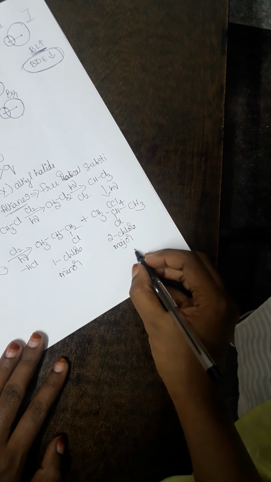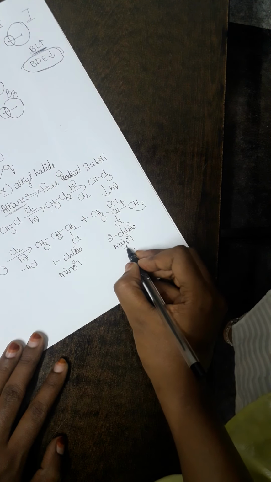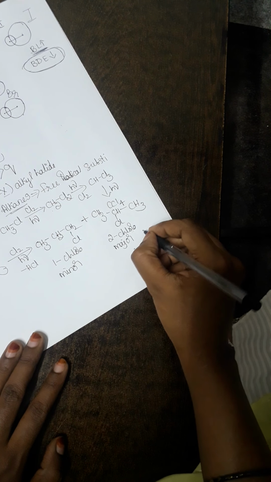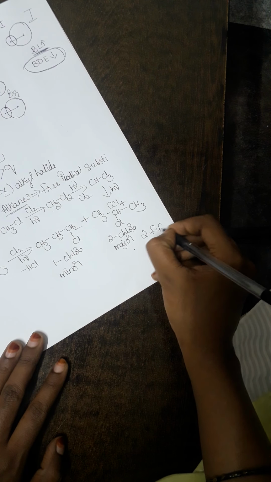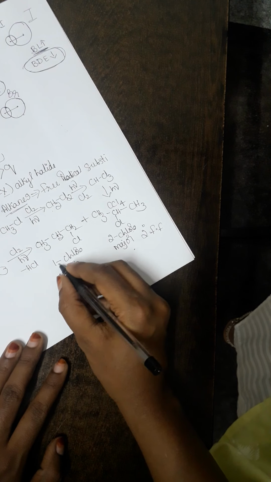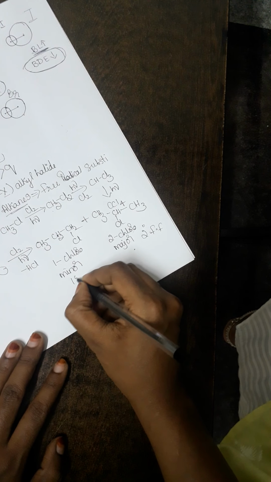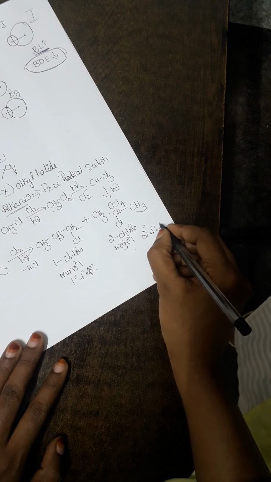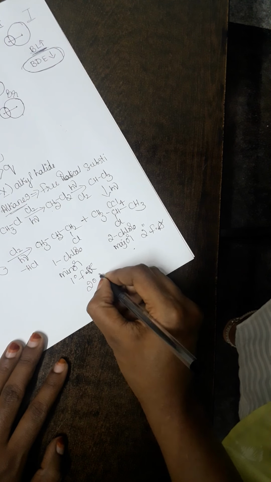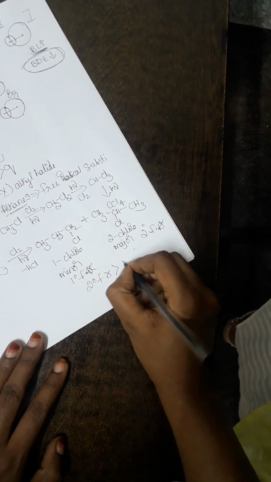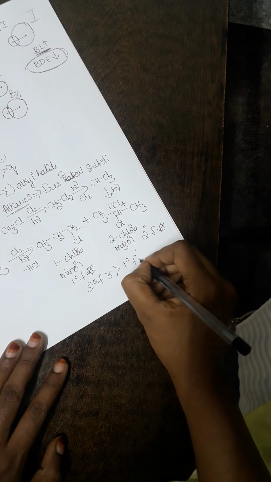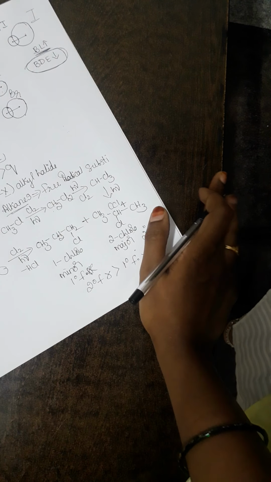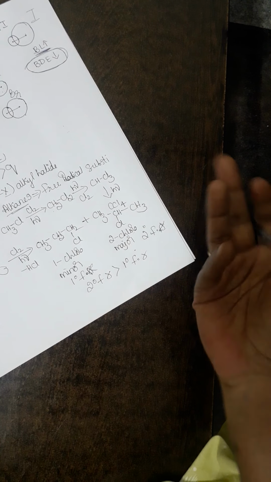Because in the case of 2-chloropropane, there is formation of a secondary free radical, whereas in 1-chloropropane, there are chances of forming a primary free radical. We know that secondary free radicals are more stable than primary free radicals.